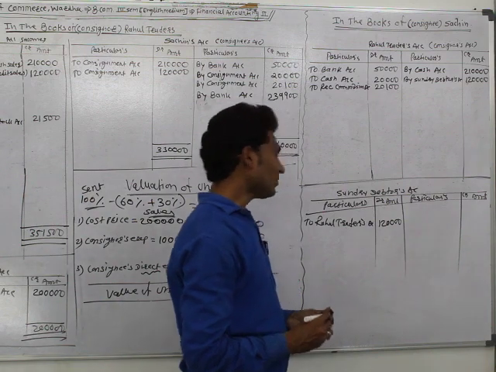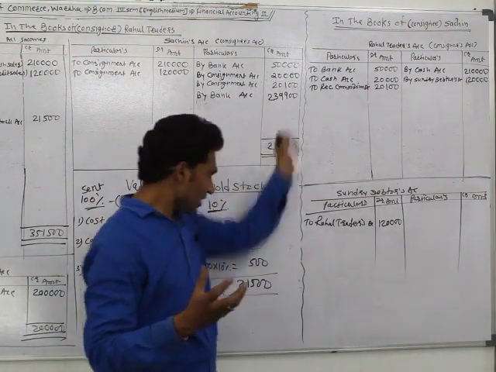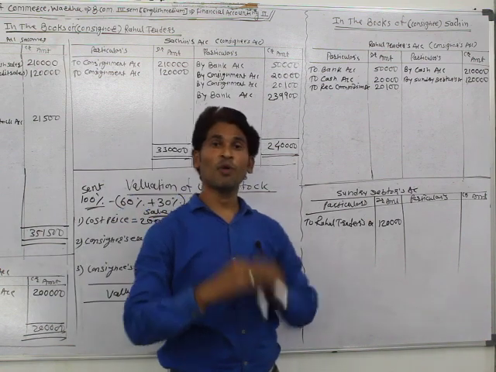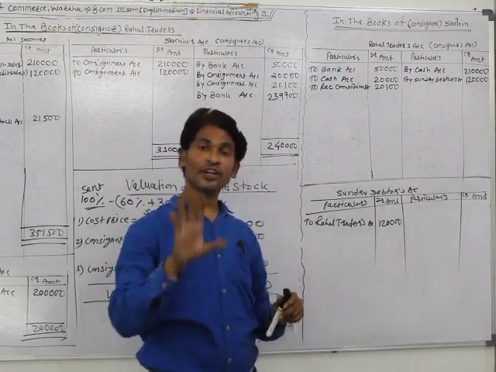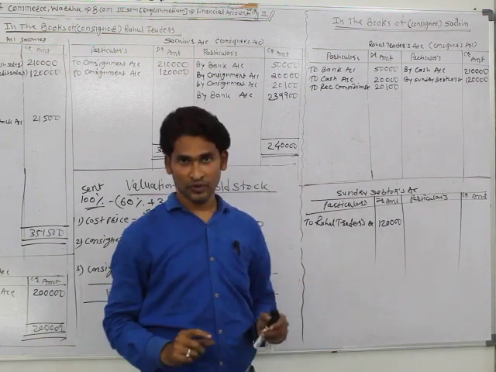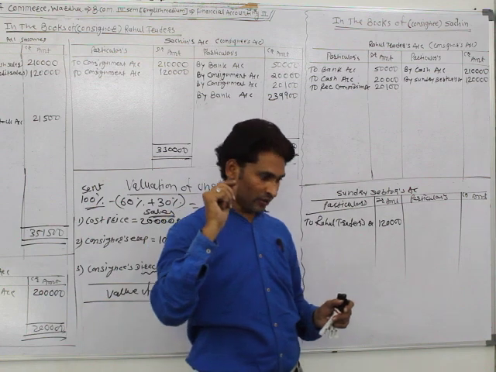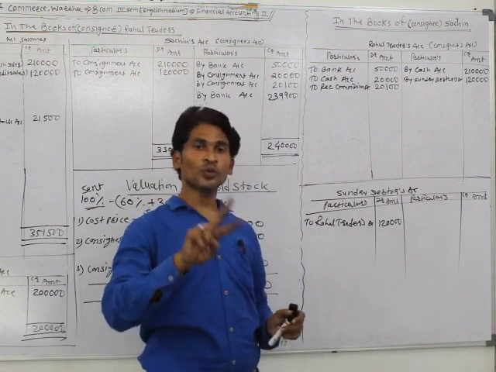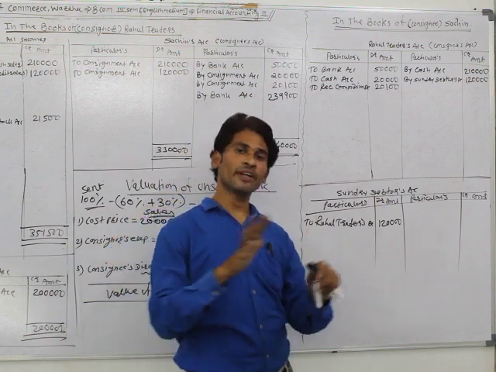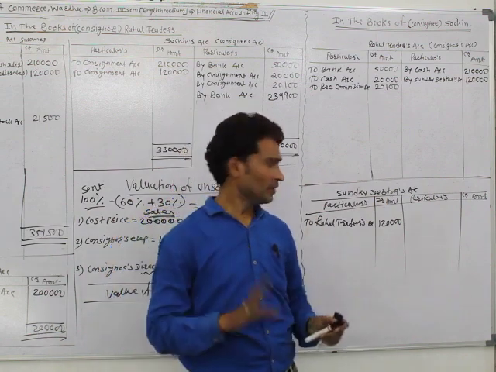After that, Sachin recovers the total amount from all debtors, except Raju, who owed rupees 2,500. He became insolvent and no amount can be recovered from him.